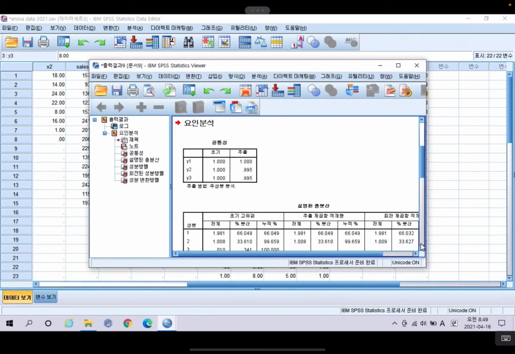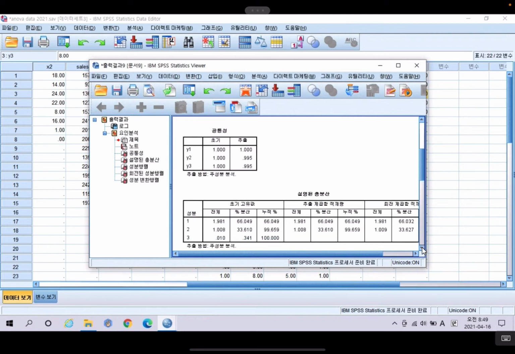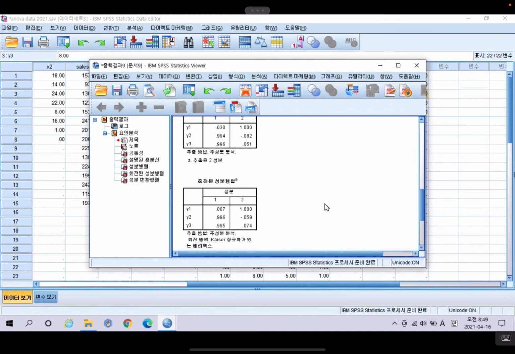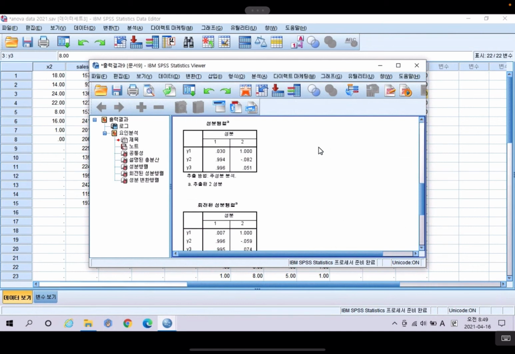So you get the results here, right? And you get two things here, before rotation and after rotation, right? So you get these results. So I'll show you how to interpret these results, right?